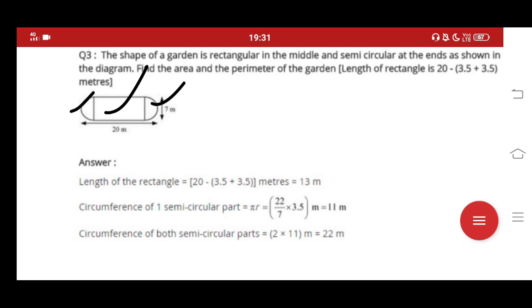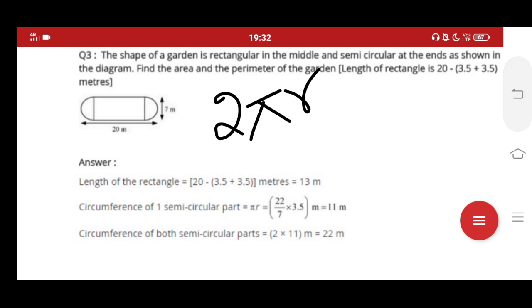There are 2 terms we often use, perimeter and circumference in the case of a circle. In the case of a circle, perimeter equals circumference, meaning you can use either one. Both are similar in the case of a circle. The circumference or perimeter of a circle is 2 pi r, where r is the radius of the circle.